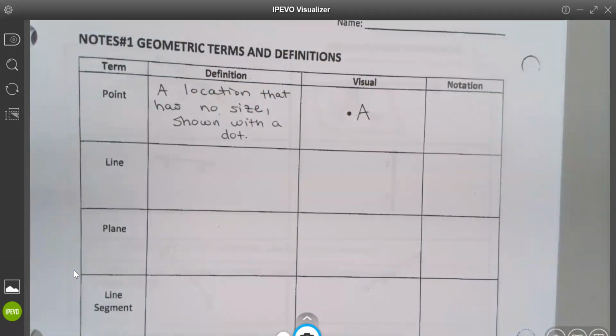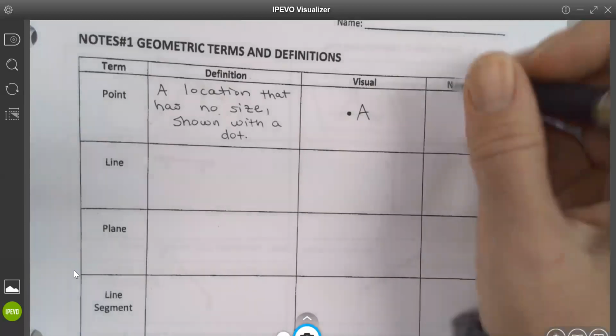Meaning just because we put point A on there doesn't mean that point A is the size of the dot I drew. And I don't draw a larger dot for an object that might be taking up a larger area. It's just showing a location, for example, a point on the coordinate plane, but it's not showing the size of whatever we're talking about.